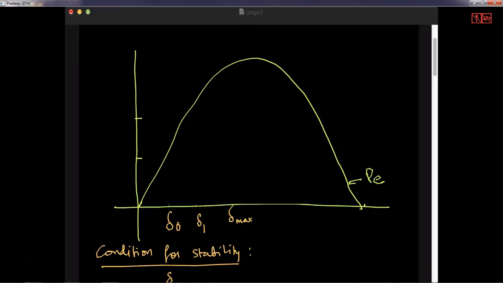Okay, let me do a little bit of explanation. See, this is initial value PM naught. I'll take PM1, I'll take PM2, I'll take PM3.